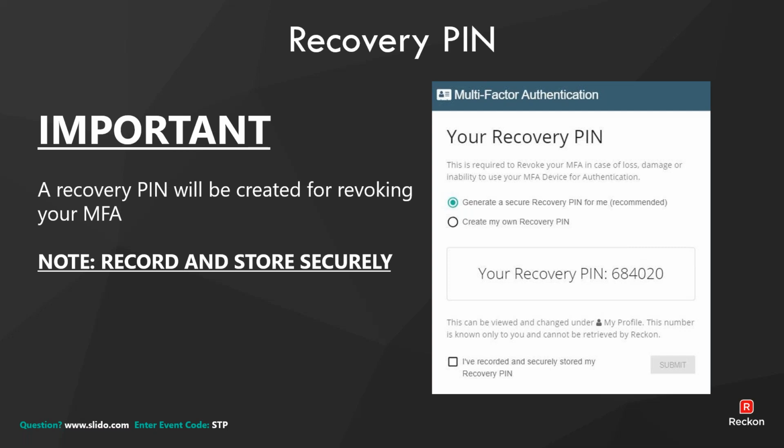So basically, you'll need to log into the Reckon portal and revoke that MFA device, but then you'll need to enter in your recovery PIN. So basically, we can generate that recovery PIN for you, and just make sure you note it down. Otherwise, we generate a 6-digit PIN for you.